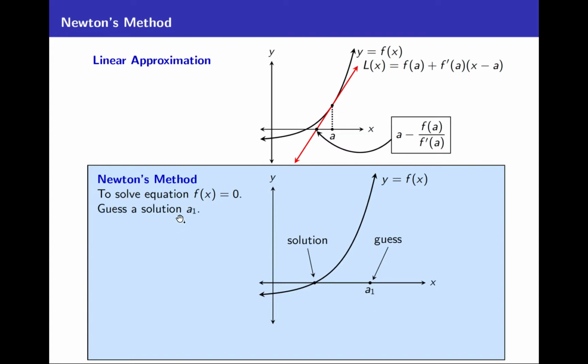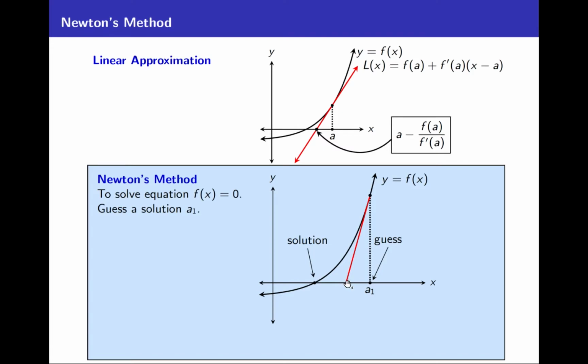It works like this. You guess at a solution, a sub 1. You take that a sub 1, go up to the graph, and then look at the linear approximation at that point. This tangent line, and what you want to think about is what is its x-intercept right here? That's closer to the solution. Well, that x-intercept is given by this expression with a1 plugged in for a.